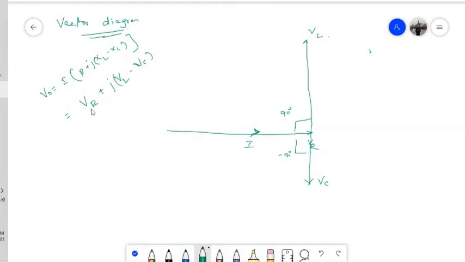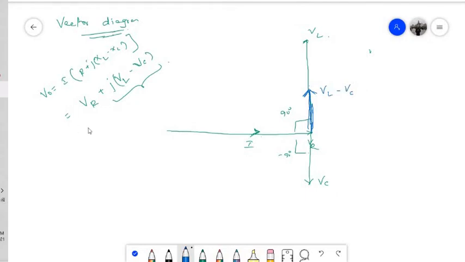Now to represent this term, J into VL minus VC, I have to subtract VC from VL, which I will show in a different color. Sorry for this. So this will be my VL minus VC.